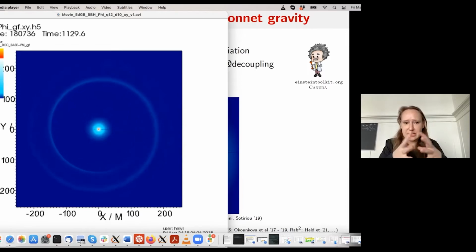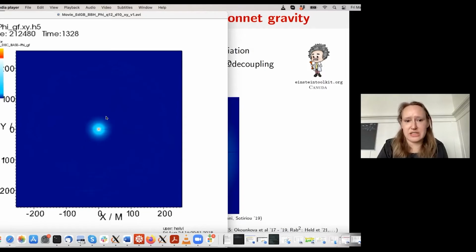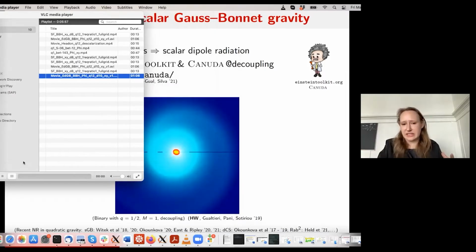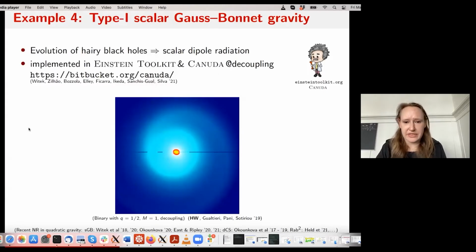The non-axisymmetric scalar field modes get shed away, and we are left over with a hairy rotating black hole. We checked also that the scalar field solution at this stage agrees with approximate perturbative solutions, for example, by Kent, who I believe is or was here. Good. So that was one part of the numerical calculations.